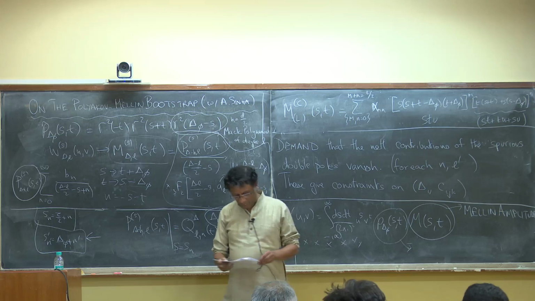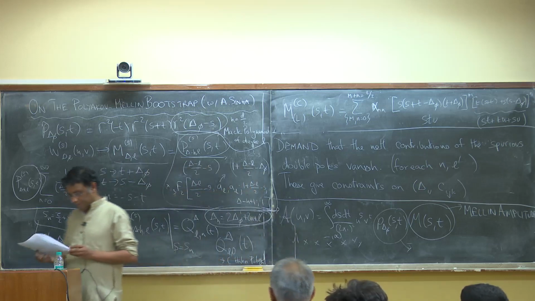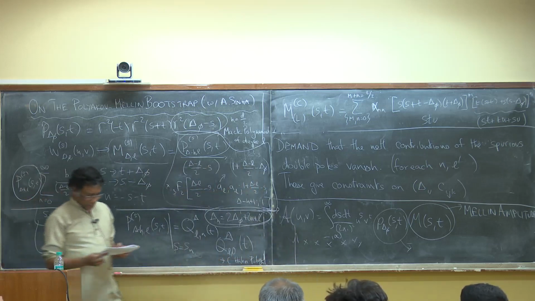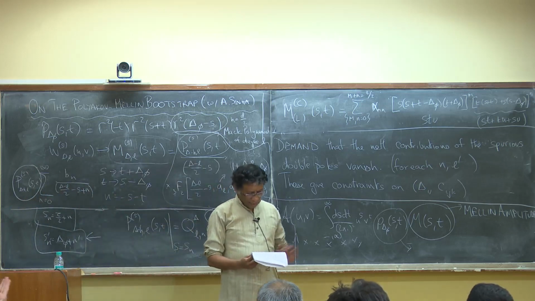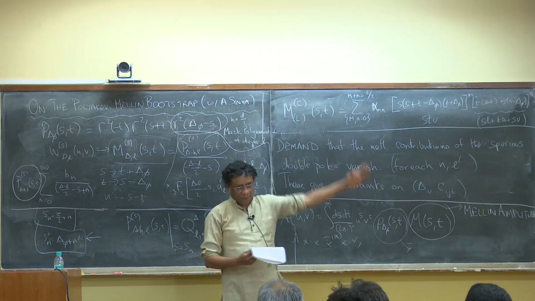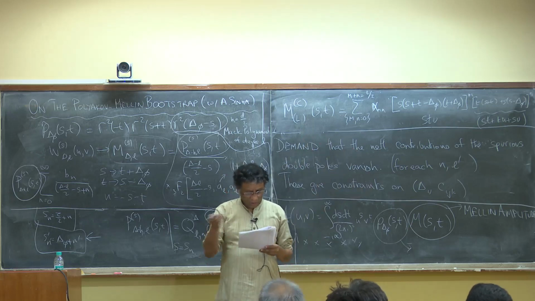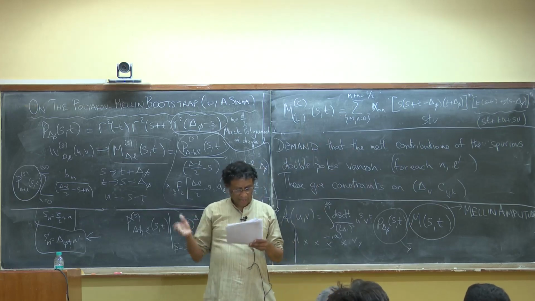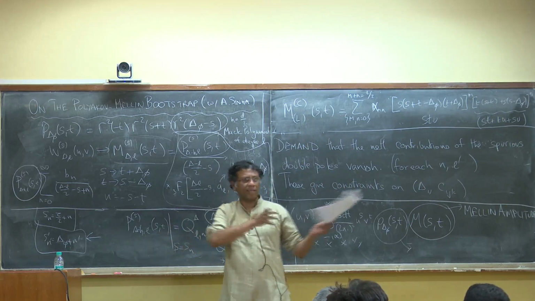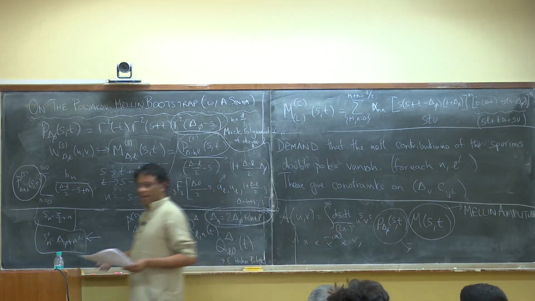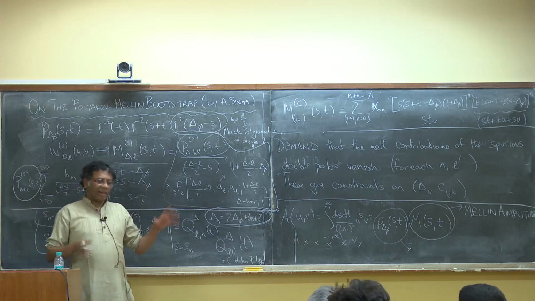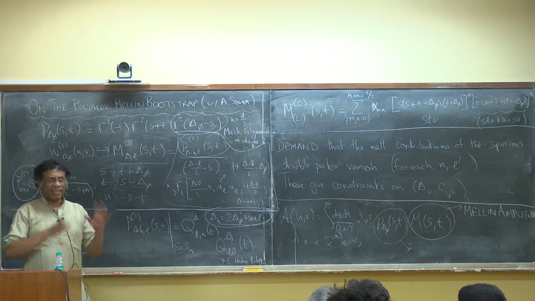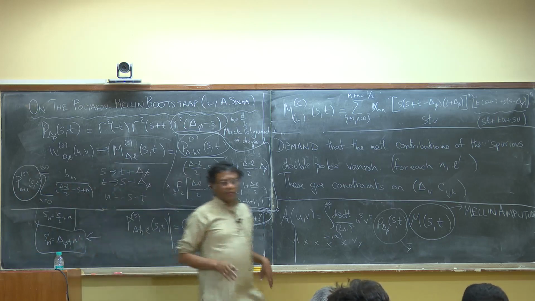For a given capital L, how many independent alphas are there? Yeah, all of these are independent, and you can count them. There's some number linear in m and n, linear in L, sorry. For a given L, there are some 3L by 2 or something, or 3L into L plus 1 by 2 or something.